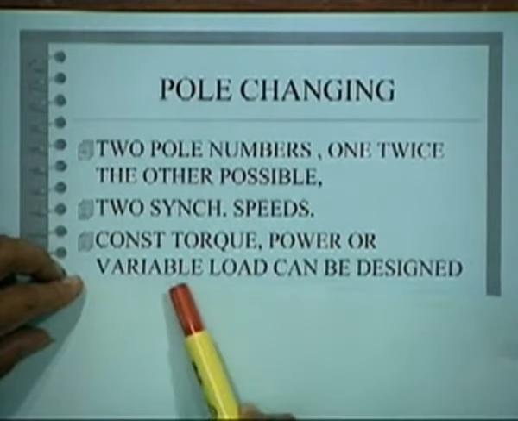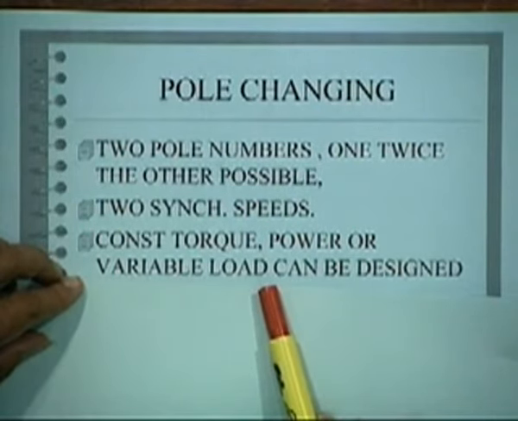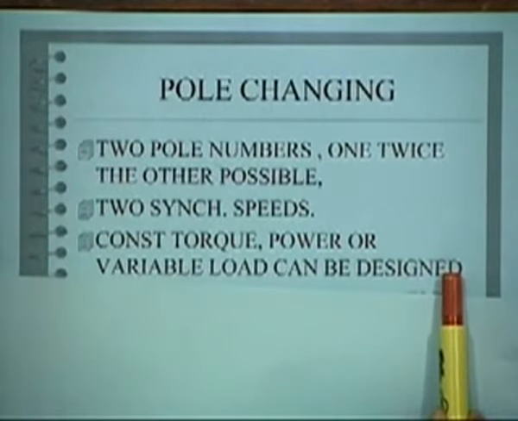Or it can have a variable load, maybe low speed low load and high speed high load, like a fan, right? So it depends upon the type of load that is connected. If you are having a constant torque, it will be like pulling something, that means the tension will be the same, right? Then there is constant torque. There will be some with constant power, at high speed low torque, that could be there, right?